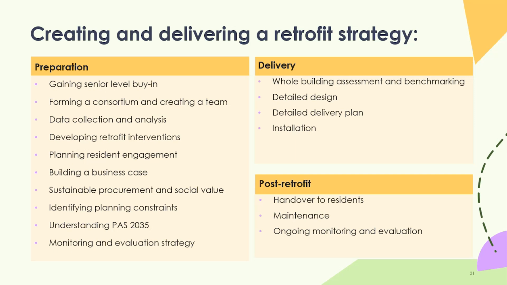Planning constraints need to be looked at. Quite often, particularly I think in the private sector, Warm Homes Local Grant, for example, you tend to get a lot of conservation area or listed building type of things going on. And that can be a whole challenge in and of itself. There are some really interesting case studies around how people are able to get around that.